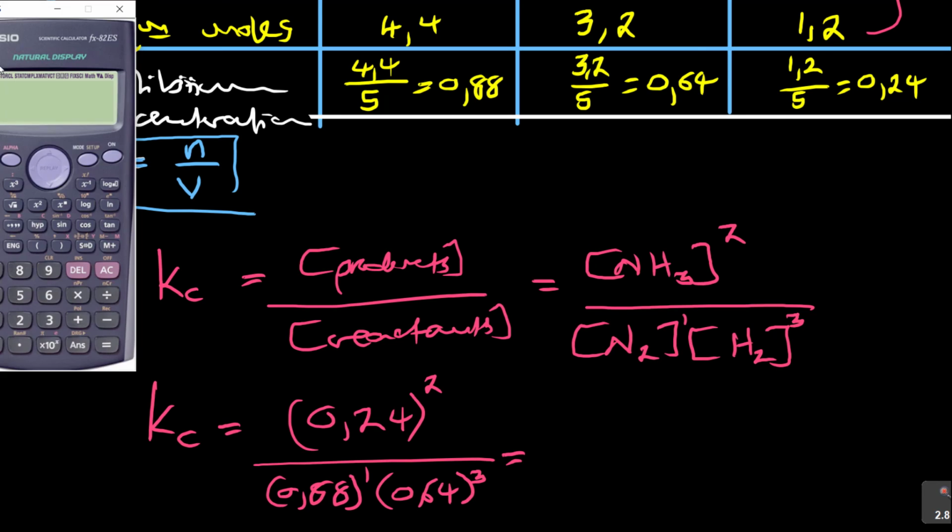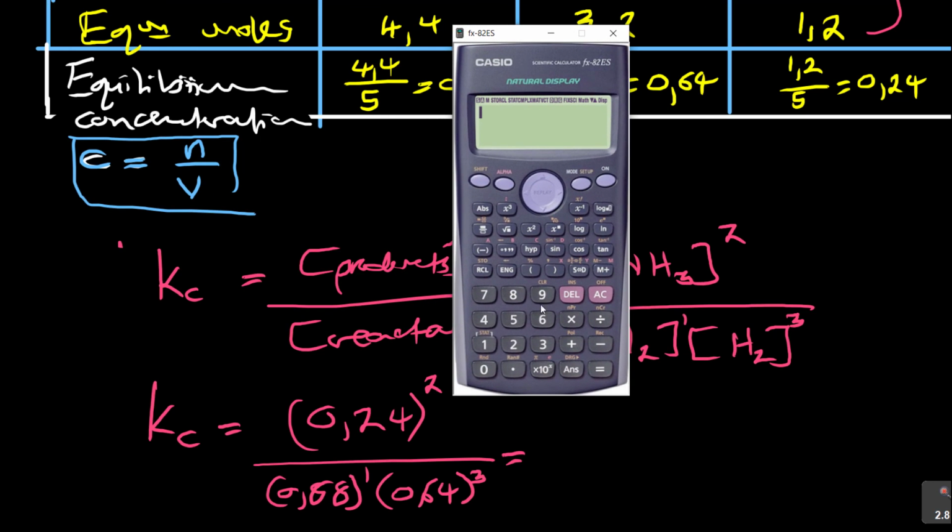And what do we get? We can do that is 0.24 squared, am I right, over 0,88 and 0,64 cubed. Alright, then press that, which is 0,2496, which is 0,25.